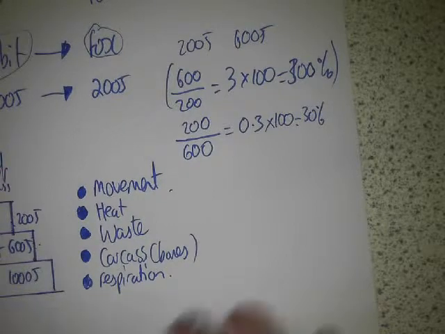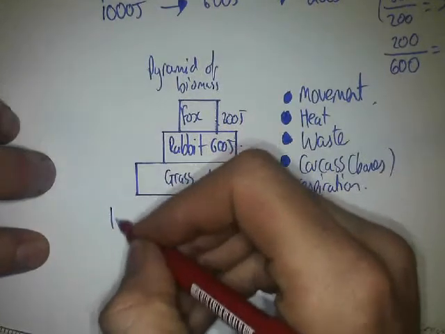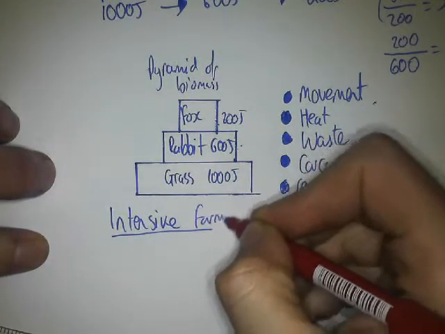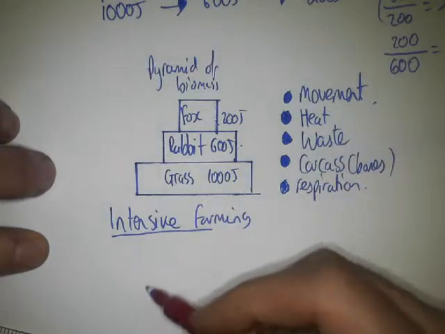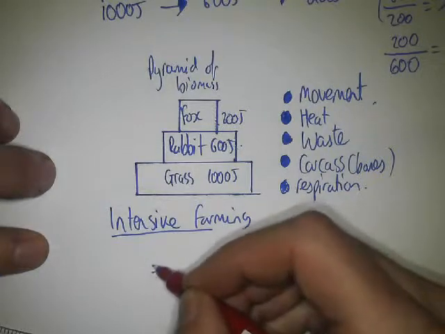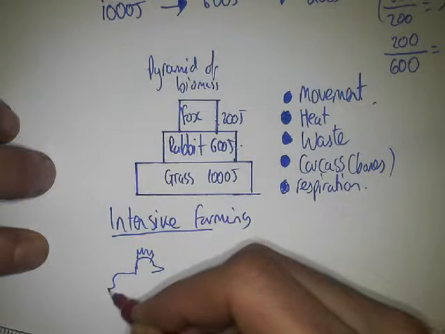Now, also may ask you about intensive farming. Why do farmers keep little chickens? So I'll try and draw a chicken. Oh, it's bad. It's going bad, people.